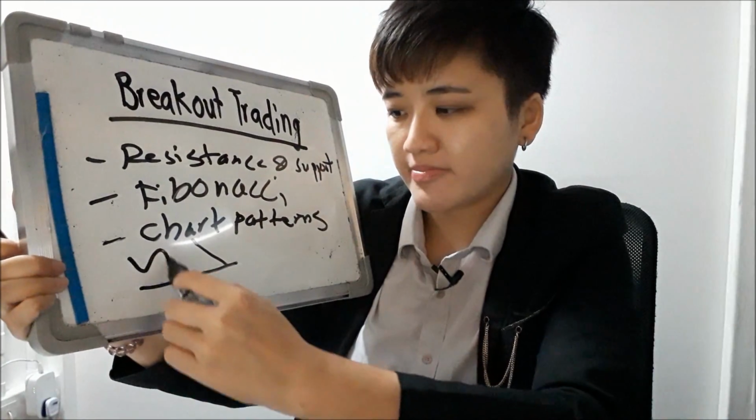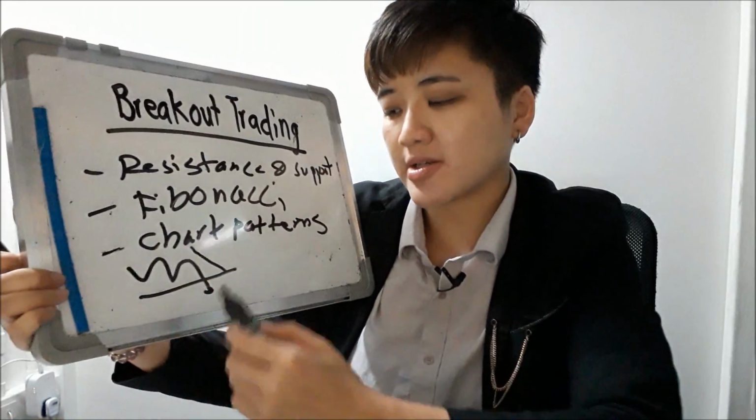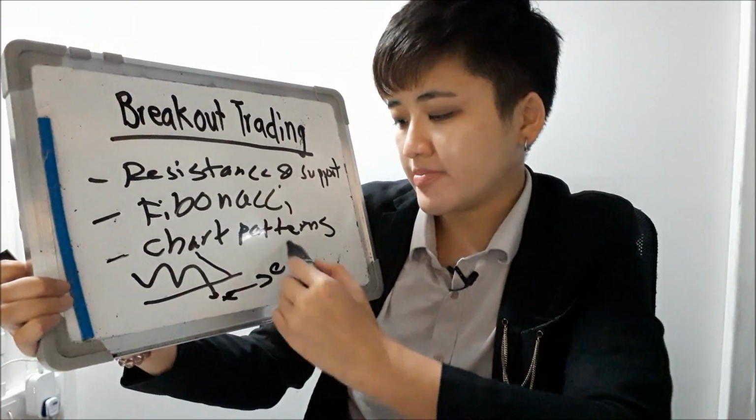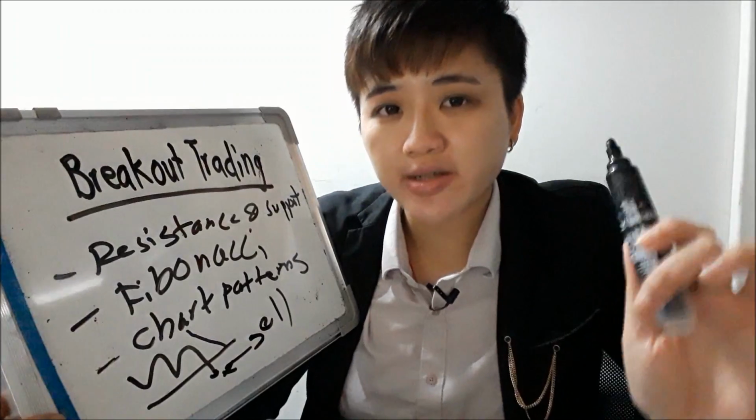When the price comes here and it breaks this support level, this descending triangle, then they'll make a short sell over here. Okay, this is just example. Very important to also learn how to identify false breakouts if you're a breakout trader. Okay, knowing when not to trade is just as important as knowing when to trade.